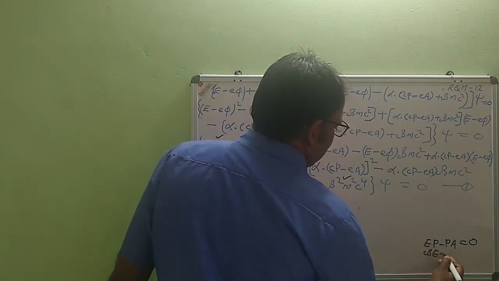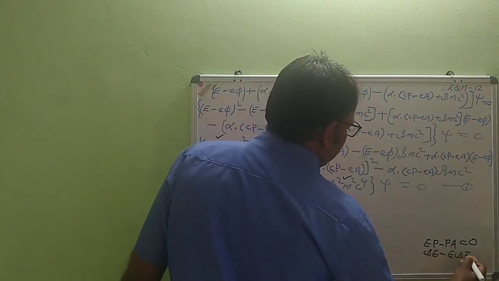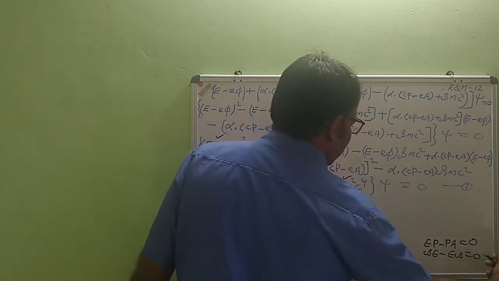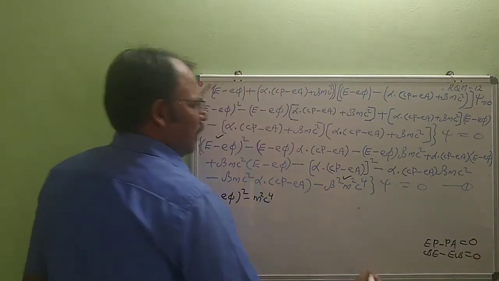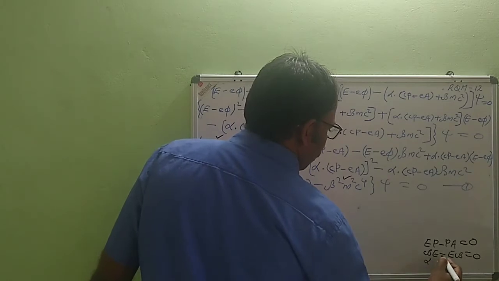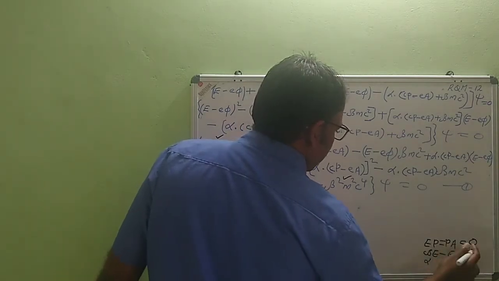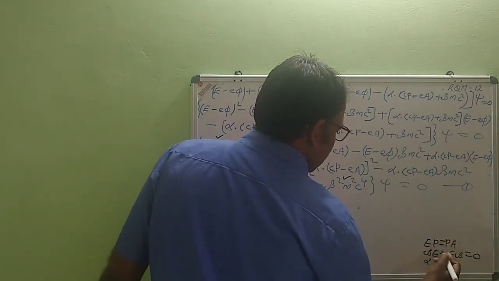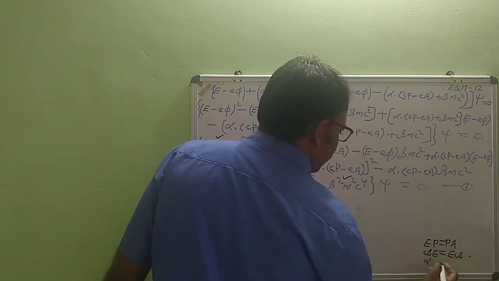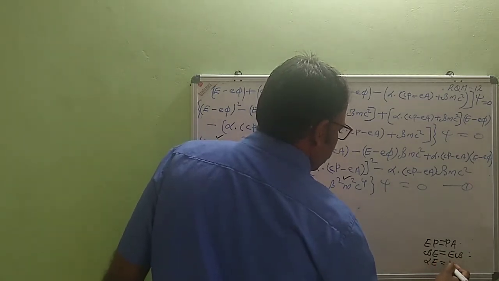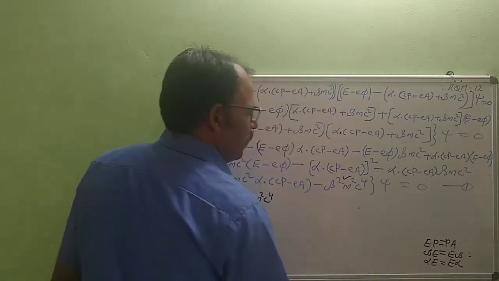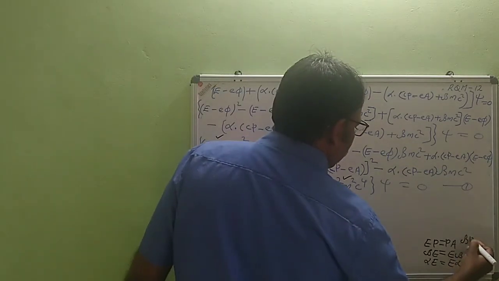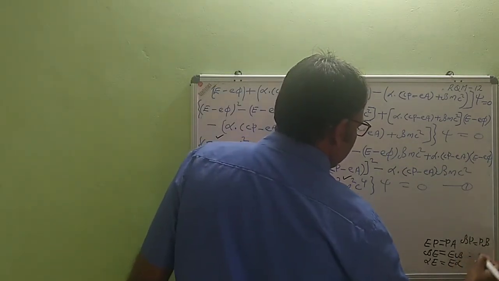Beta E minus E beta should be equal to 0, or beta E is the same as E beta. Like that alpha E, EP equal to PE, beta E equal to E beta, alpha E equal to E alpha, like that beta P should be equal to P beta, alpha P should be equal to P alpha.